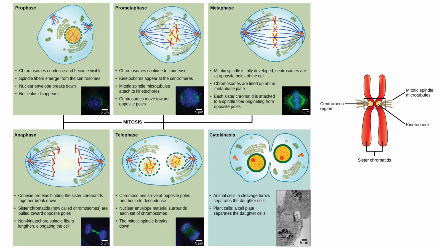You can see here in prophase, chromosomes get condensed, whereas in metaphase, chromosomes align at the equatorial plate, in anaphase, the sister chromatids get separated, and in telophase, two nuclei get reformed. Finally, cytokinesis divides the cytoplasm and produces two daughter cells.